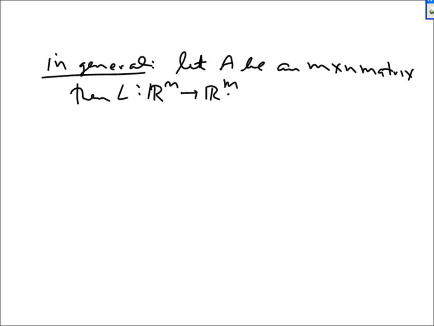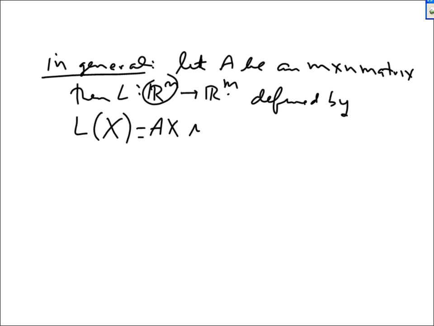And this is true in general. Then L from Rn to Rm defined by L of x in Rn by A times x is a linear transformation.